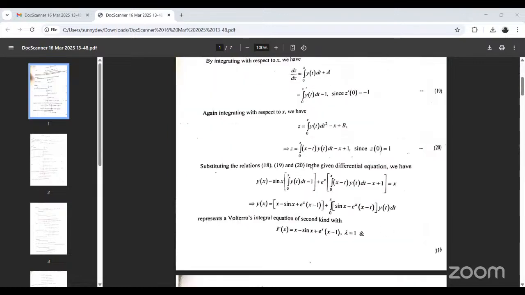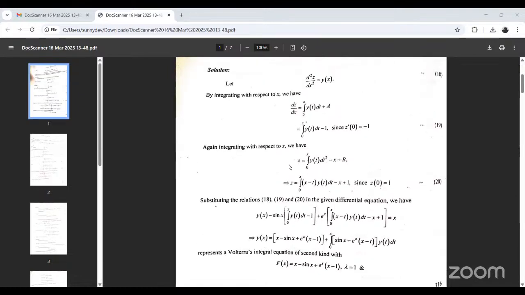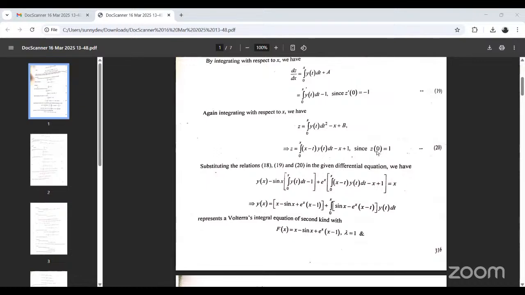Now here, when z of 0 equal to 1, x equal to 0, then z equal to 1.